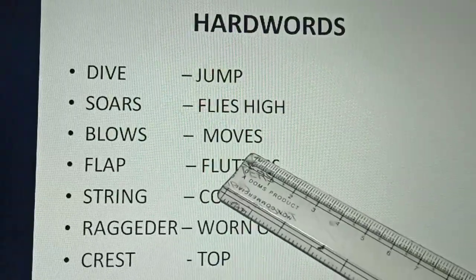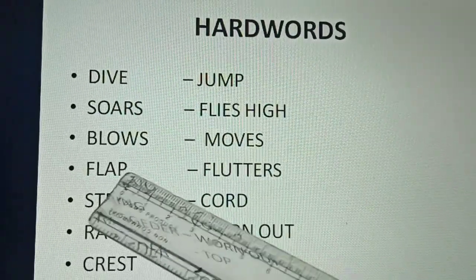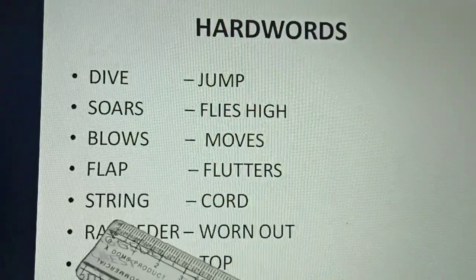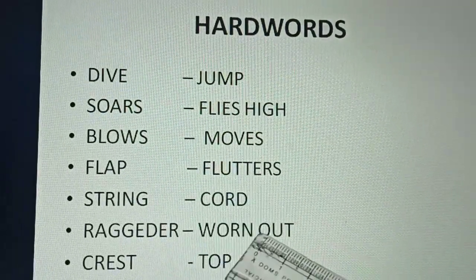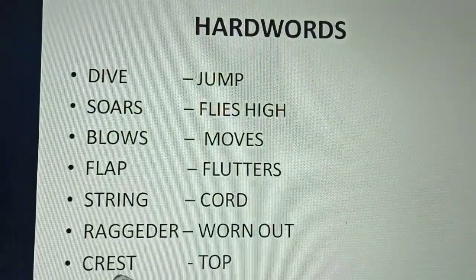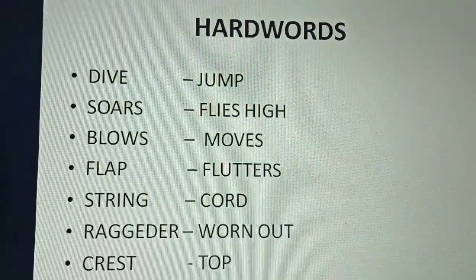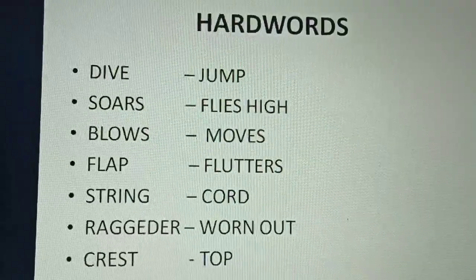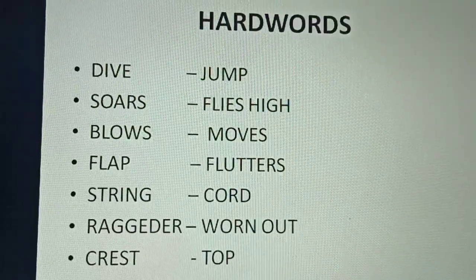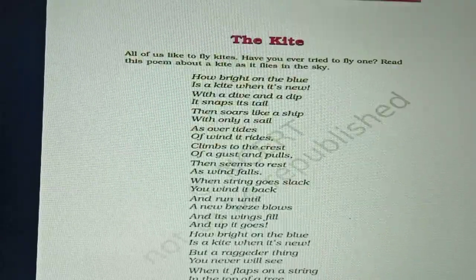Blows means moves. Flap means flutters. String means cord. Raggeder means worn out. Crest means top. These words you will come across in the poem, so try to remember their meanings.